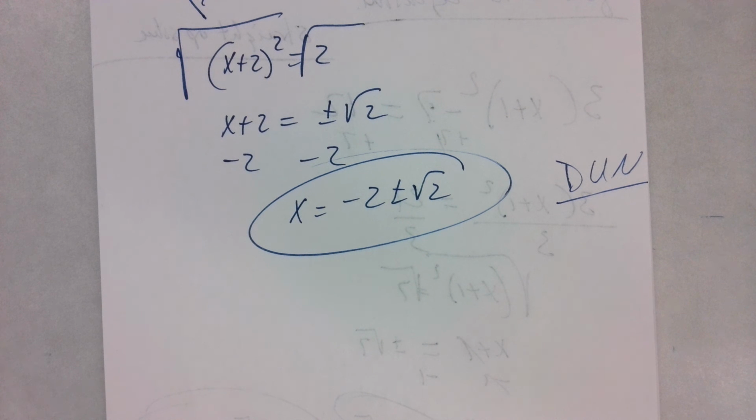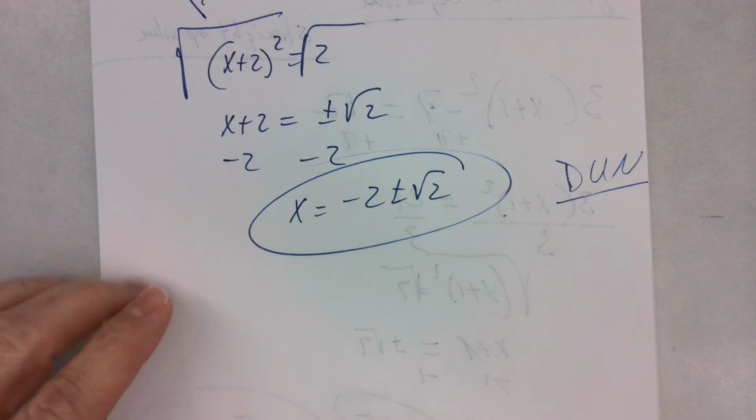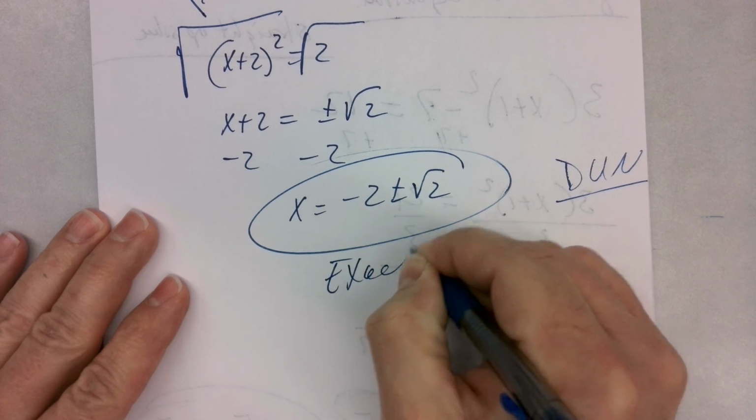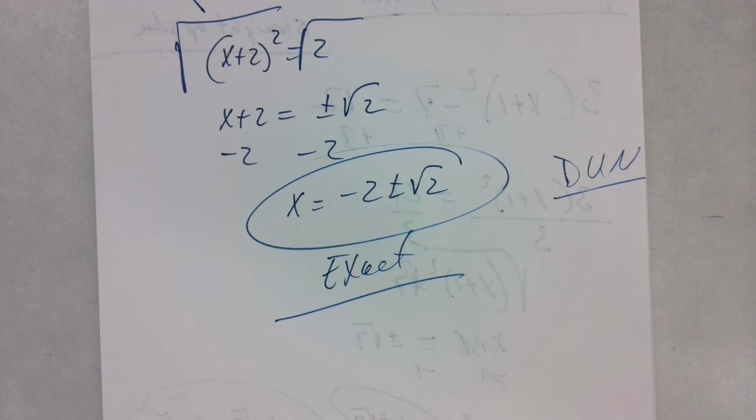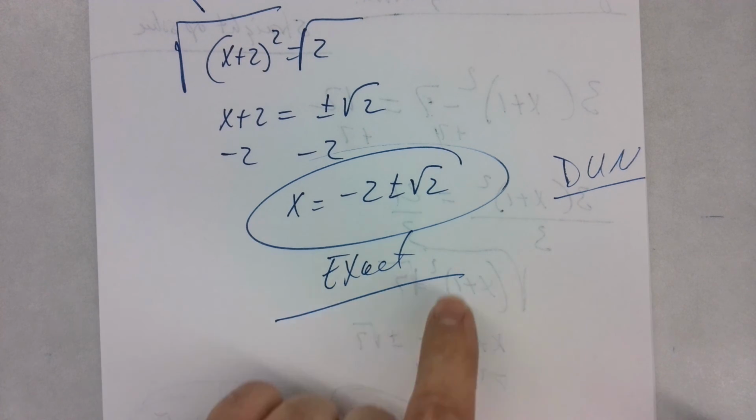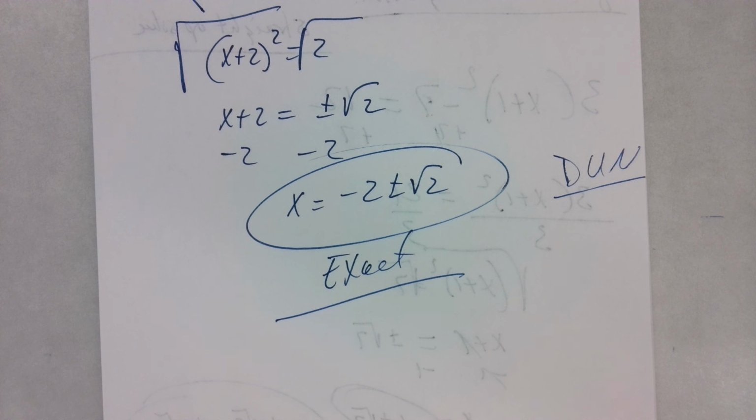So are these still points of a problem? Now, they are. Okay, so here's what you need to understand. What you would need to understand is that this is what is referred to as an exact answer. And that's what we're going after right now. Now, if I really wanted you to put this on a graph, then I'd have to figure this out, and then that's where I would graph them. But you're right. It's still the same thing.